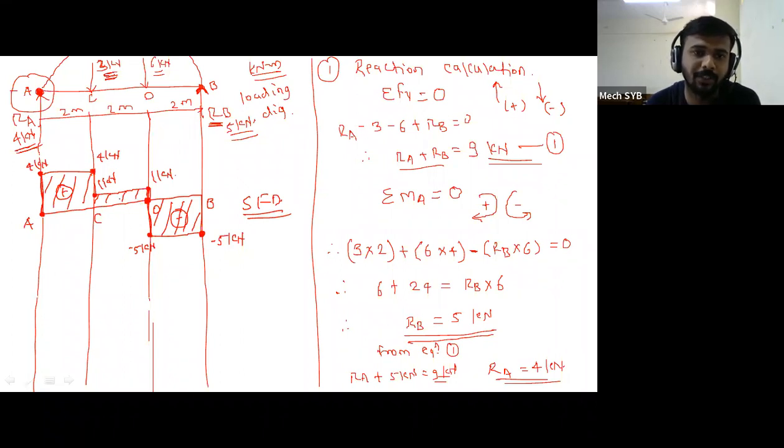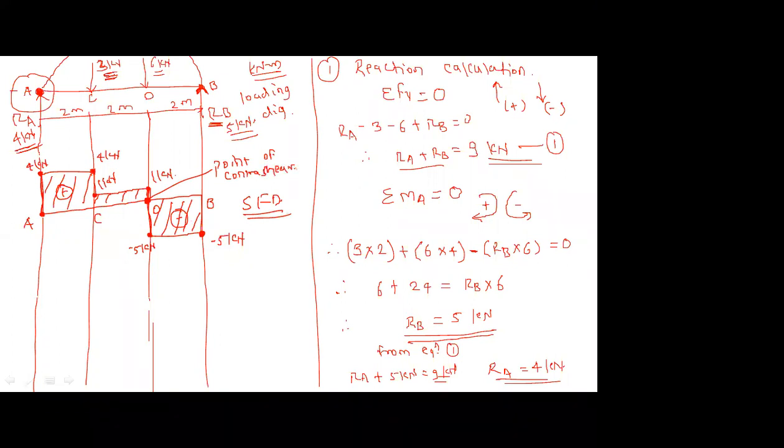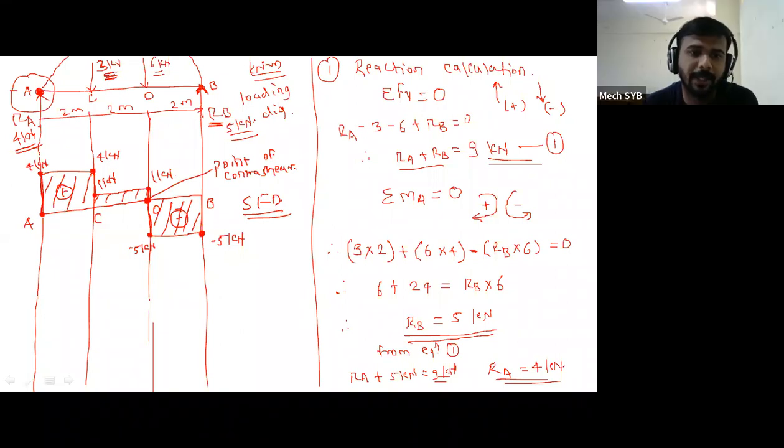Up to here your SFD was positive, and at that point your SFD became negative in D to B. Therefore, this point is called a point of contra shear.